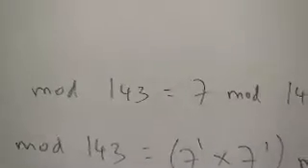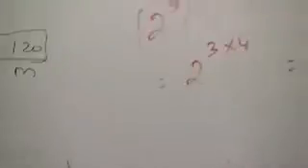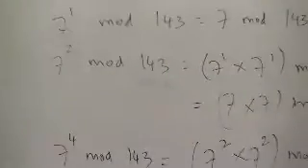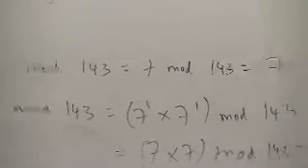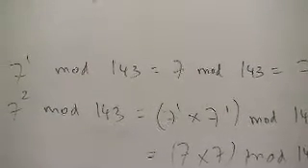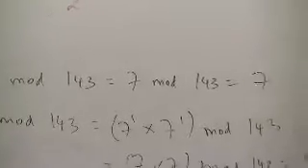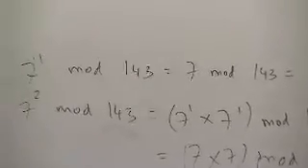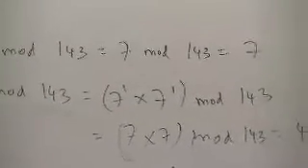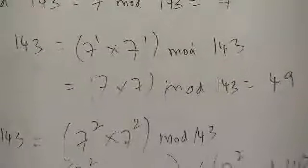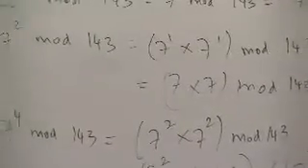So it is 49 mod 143 times 49 mod 143. So that comes out to be what? 49 times 49, but you know 49 times 49 is going to be more than 143. So that's why I said do a mod 143.